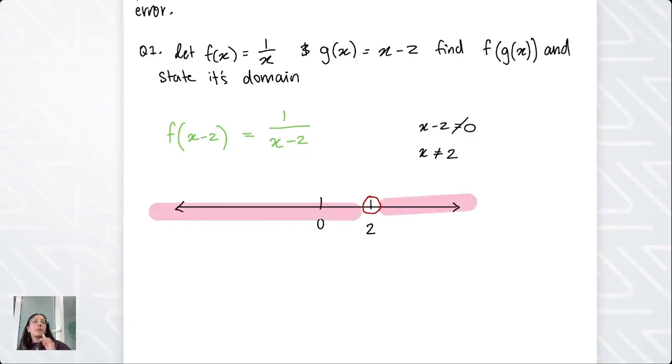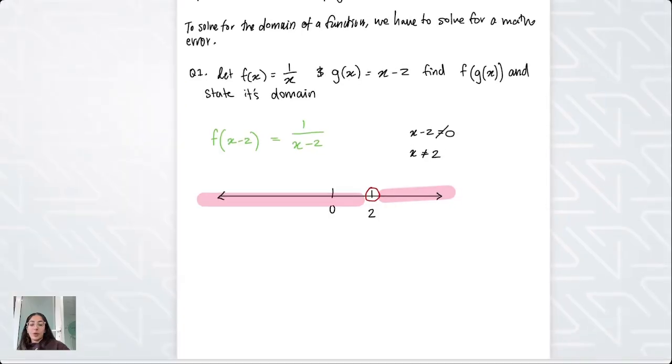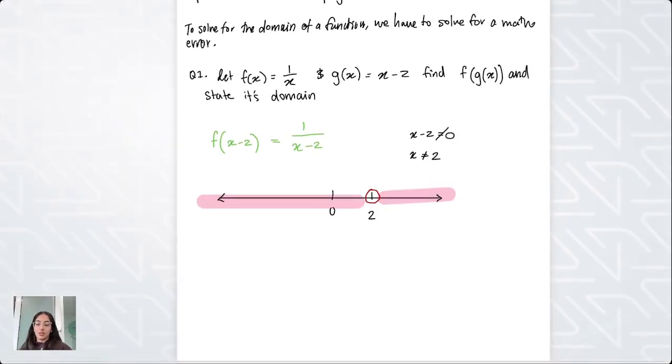Now, this is the part that I want you guys to focus on. We're going to use a new notation that you guys have not seen before. And it's called interval notation. And basically what interval notation is, it's just a new way to write regions.